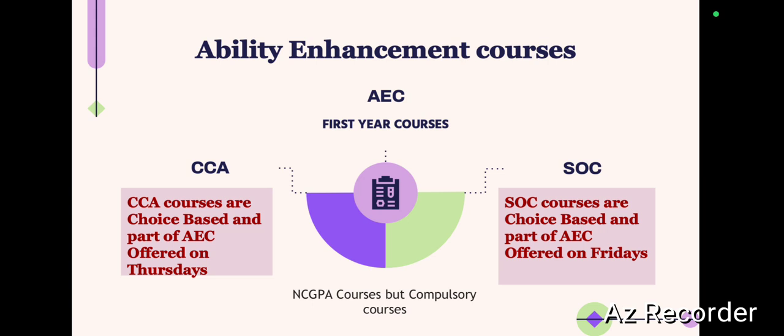One is CCA and the other is SOC. CCA stands for co-curricular activity and SOC stands for skill oriented courses. CCA and SOC are both choice based courses and are part of AEC. CCA courses are offered on every Thursday, while SOC courses are offered on every Friday.